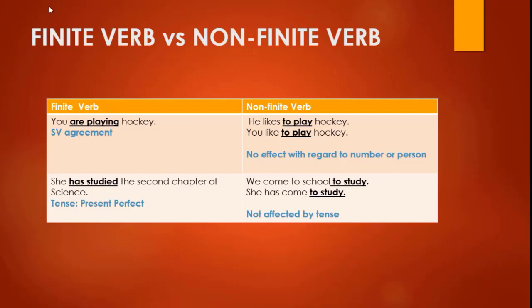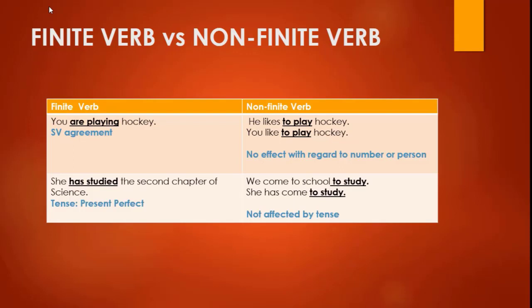Whereas in column number 2, in non-finite verbs, there are two examples: he likes to play hockey, you like to play hockey. In these two sentences, there is the subject verb agreement as he likes, you like, but we see that there is no effect with regard to number or person. To play is the same in these two sentences.